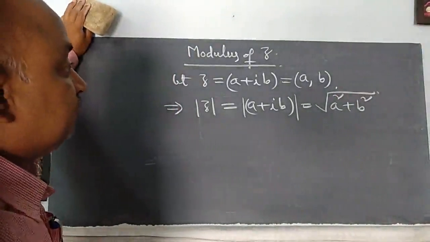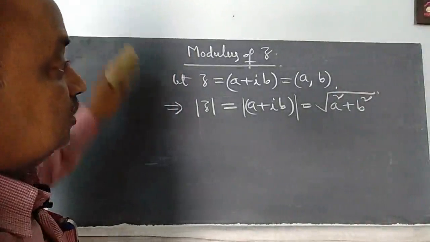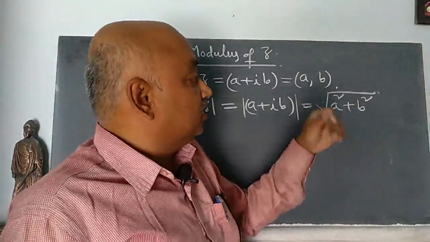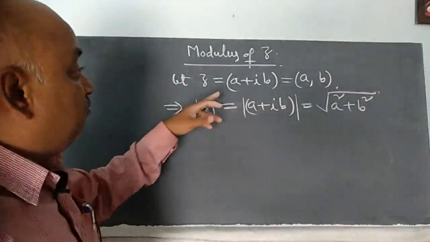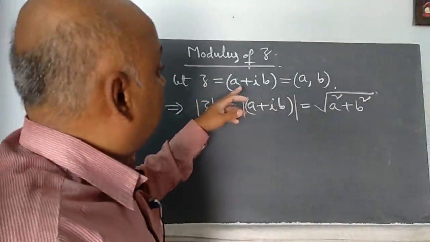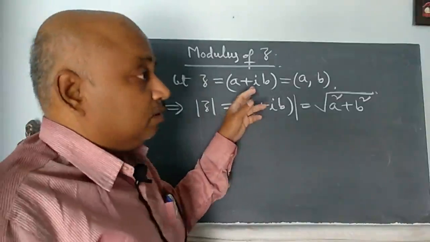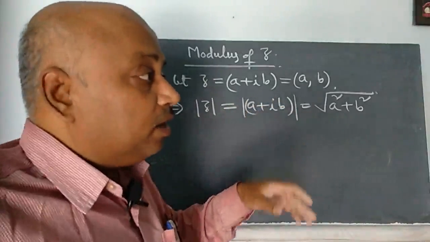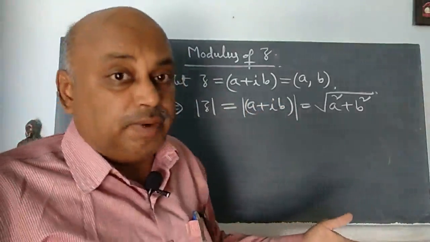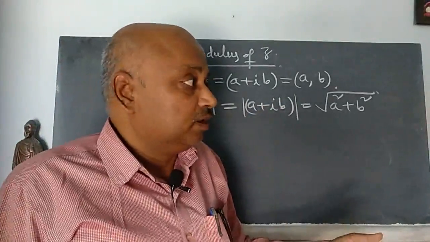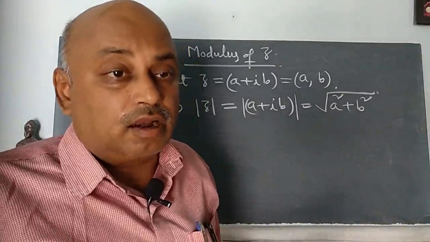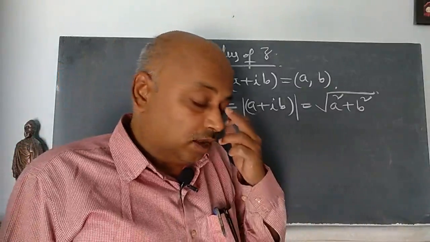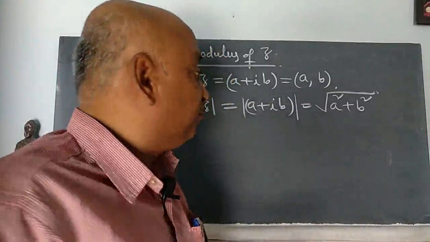Square root of a square plus b square, which means every complex number is a unique point in the complex plane. Every complex number represents a unique point in the complex plane or Argand plane or XOY plane.